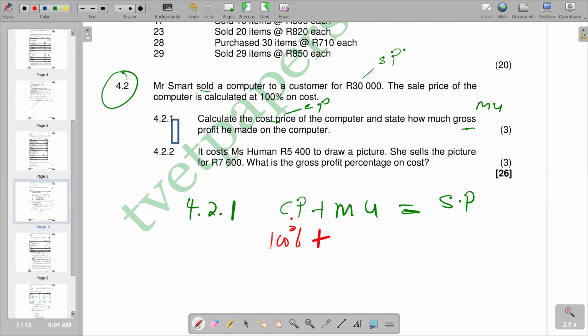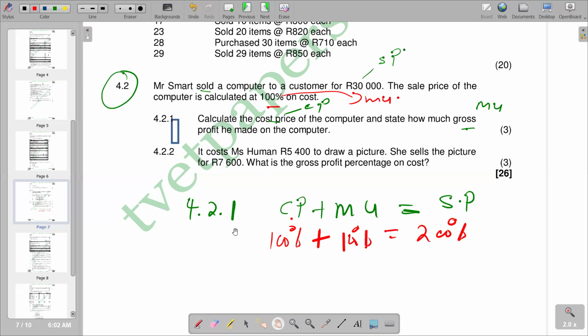We are being told that the sale price of the computer is calculated at 100% on cost, which means we are going to add 100% on top of the cost price, which already is 100%. So we have another 100%, which represents our markup, and plus 100% gives you a selling price of 200%.